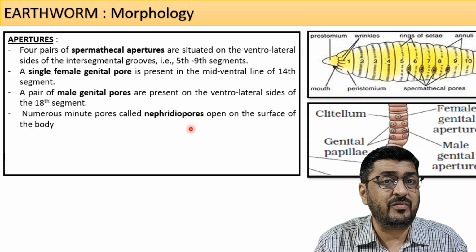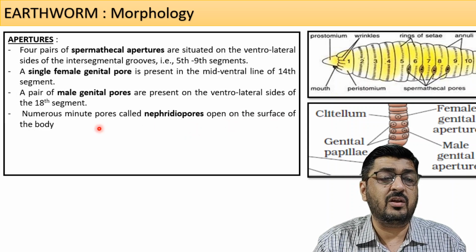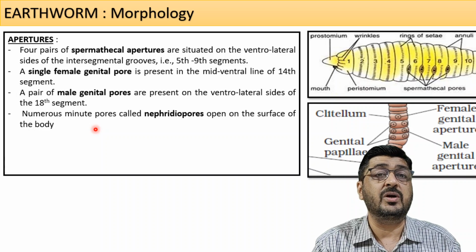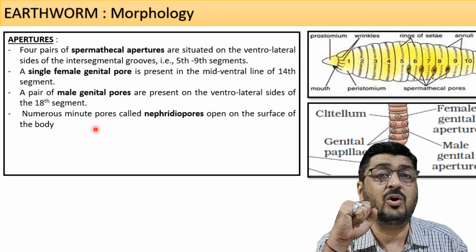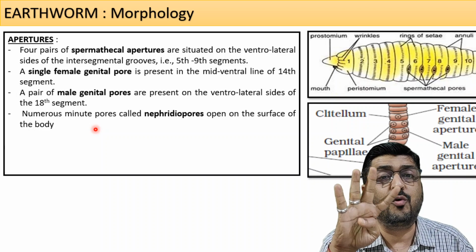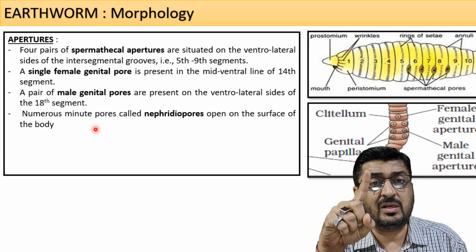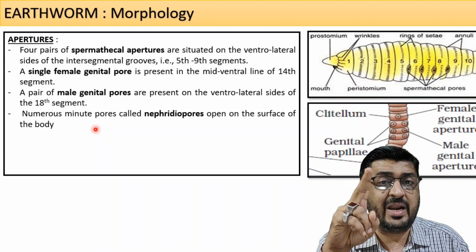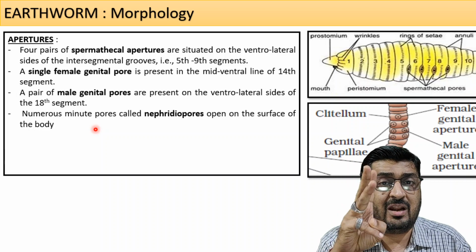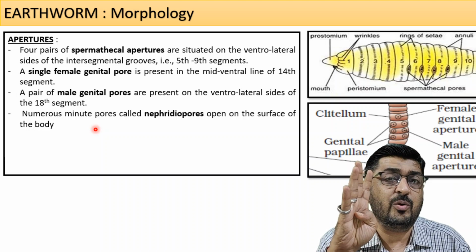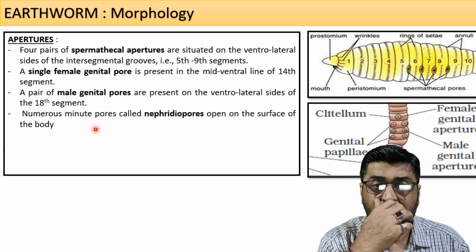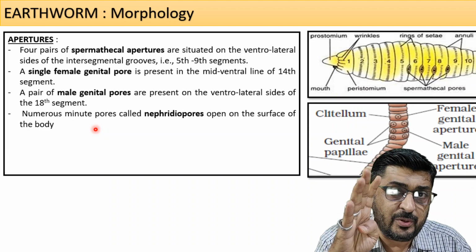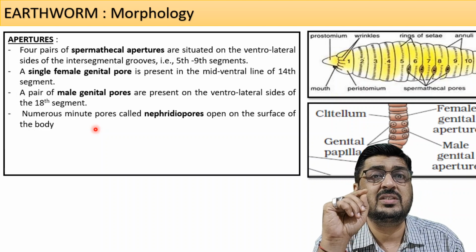We will see the 3 types of nephridia also on the surface of the body. So how many types of apertures are seen on the body of the earthworm? 4 types: spermathecal aperture, female genital aperture, male genital aperture, and nephridiopores. These 4 types of apertures along with their respective segments.